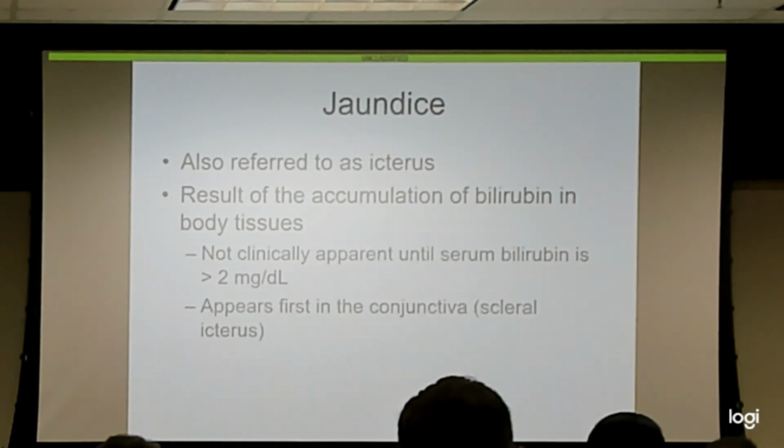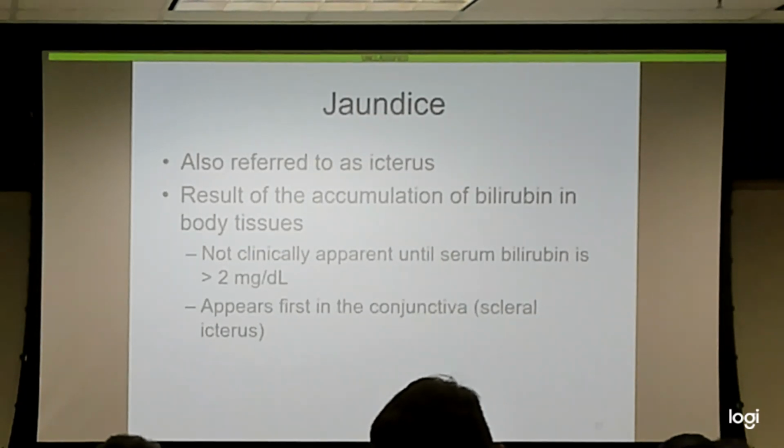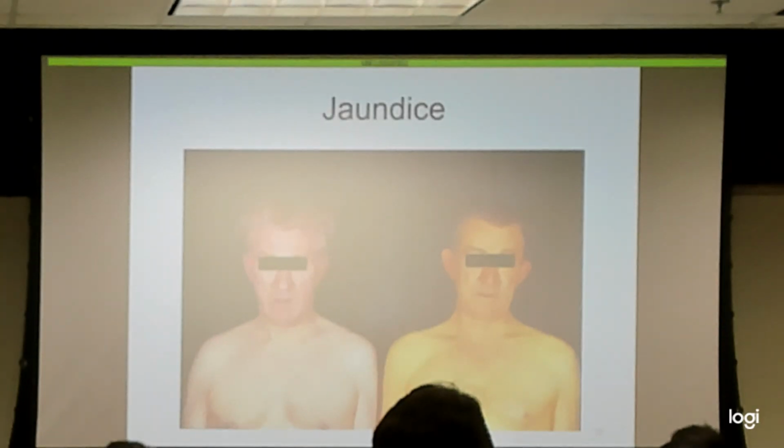That's called jaundice, okay? It's not clinically apparent until serum bilirubin levels are greater than 2. And it appears first again in the conjunctiva. And so, you know, sometimes it's really hard to tell because it might be very, very subtle on physical exam. Oh, did you go do a spray tan?